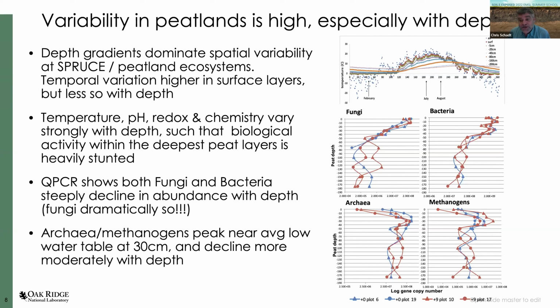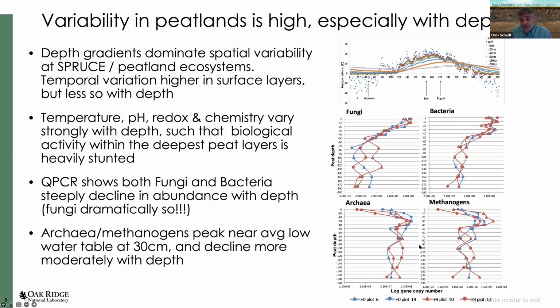As you go down from the surface of the bog, the temperature, the pH, the redox conditions, and the chemistry vary strongly. And this results in dramatic gradients in the microbial communities within these systems too.